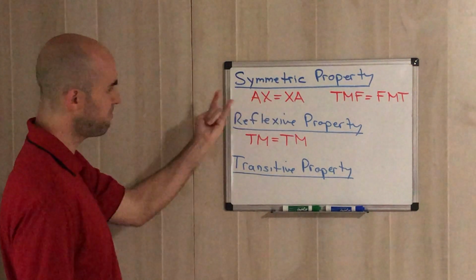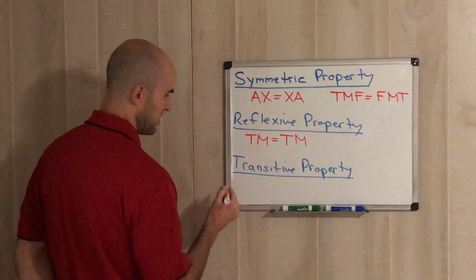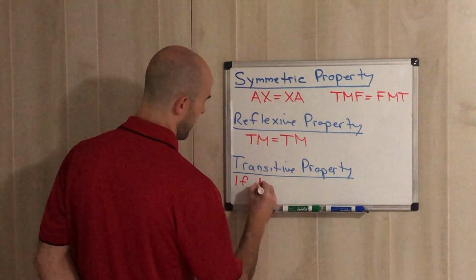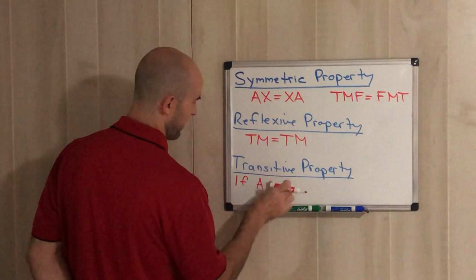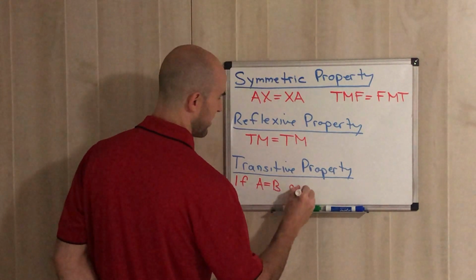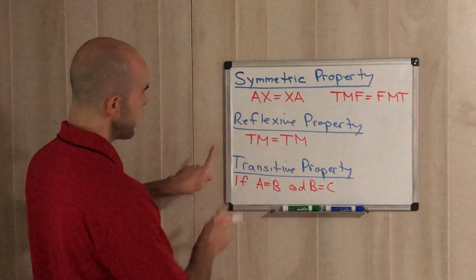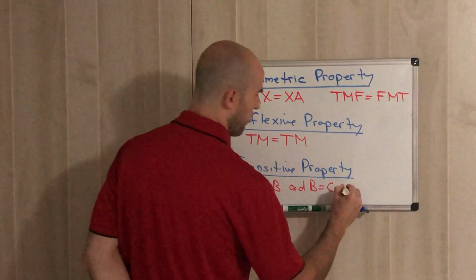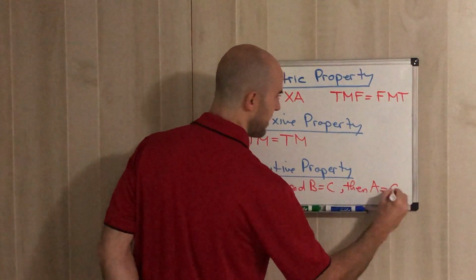Symmetric flips. And then the transitive is when it compares three things, right? So if A equals B, and B equals C, we then know that A equals C, right?